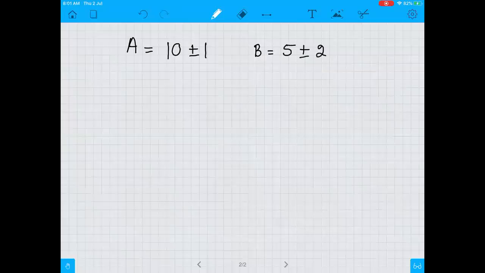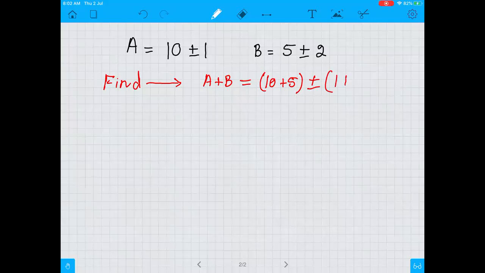Now, if they ask you to find A plus B, then the answer would be 10 plus 5, that is 15, and the uncertainty in this value would be equal to 1 plus 2.